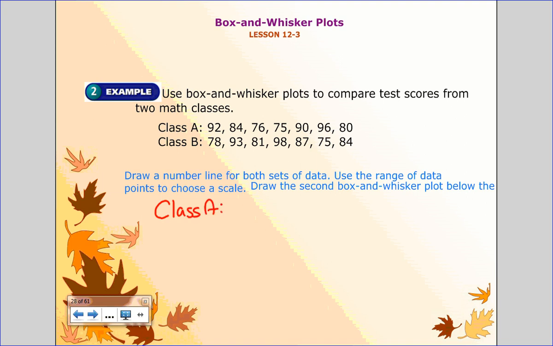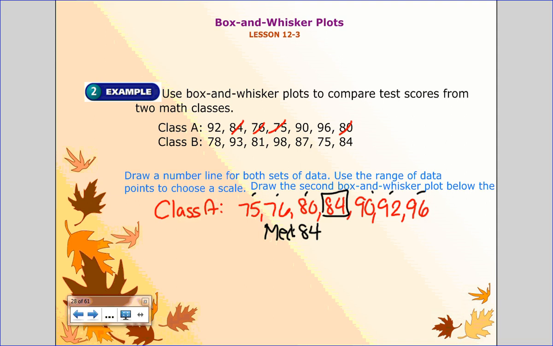And the first thing I have to do is list it in order. So I have 75, 76, 80, 84, 90, 92, 96. All right, my median here is 84.